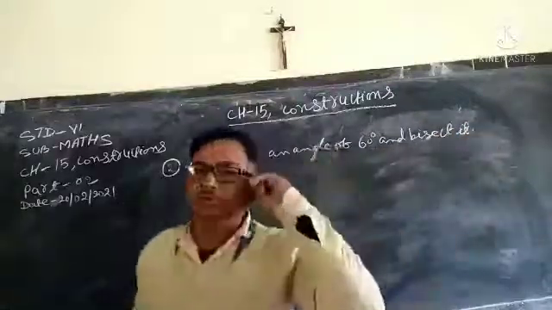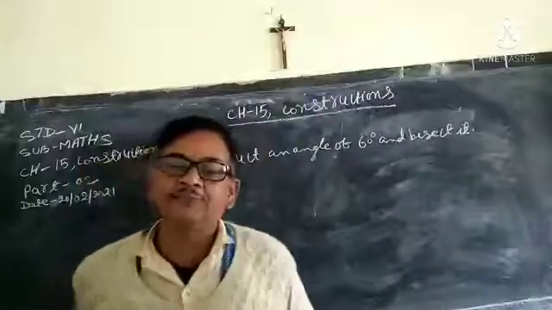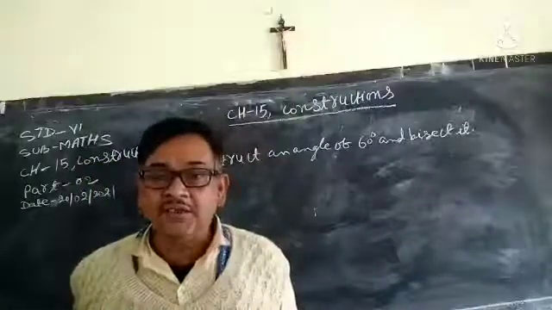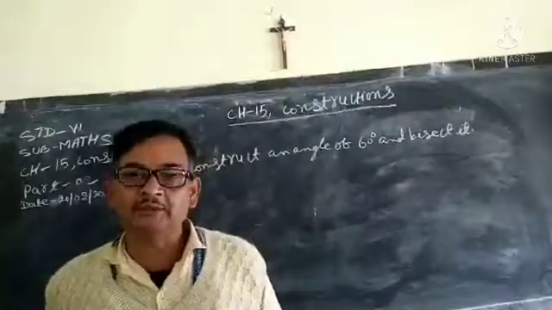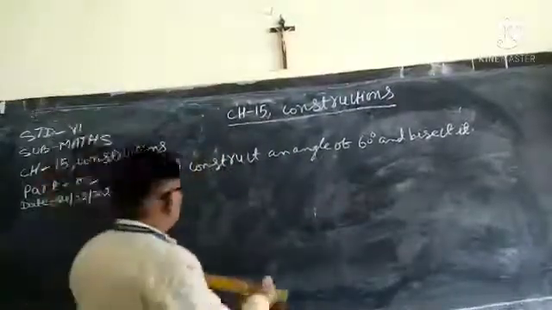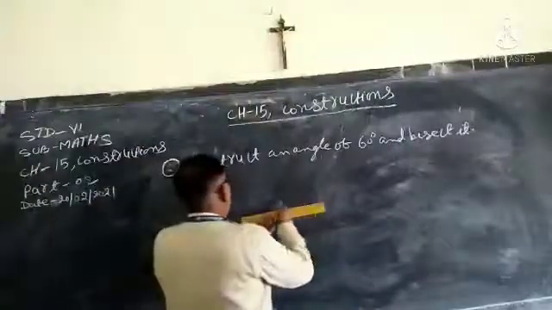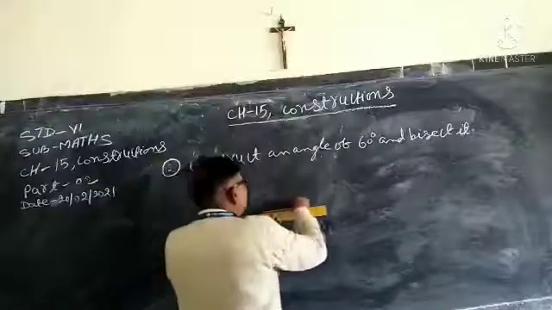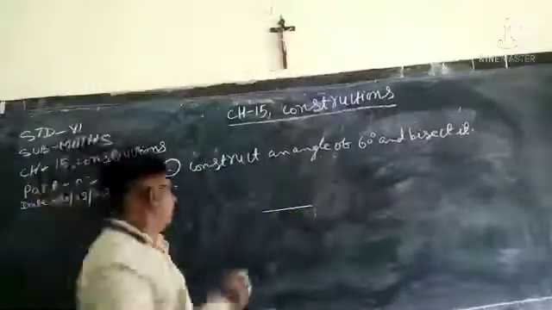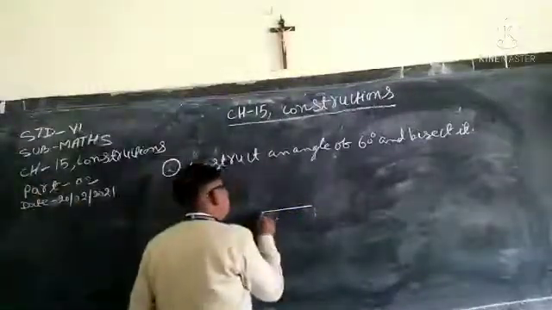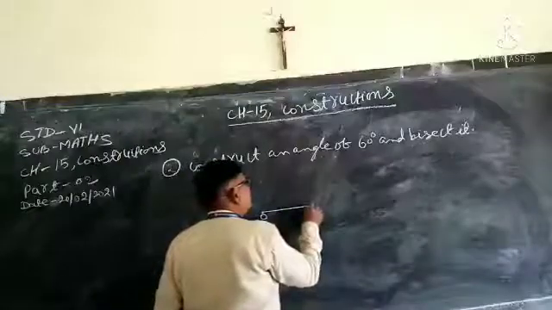It means you first make the 60 degree angle and after that you bisect it. My dear students, first you draw a line segment, any line segment. Now write O and A, any name you can write.